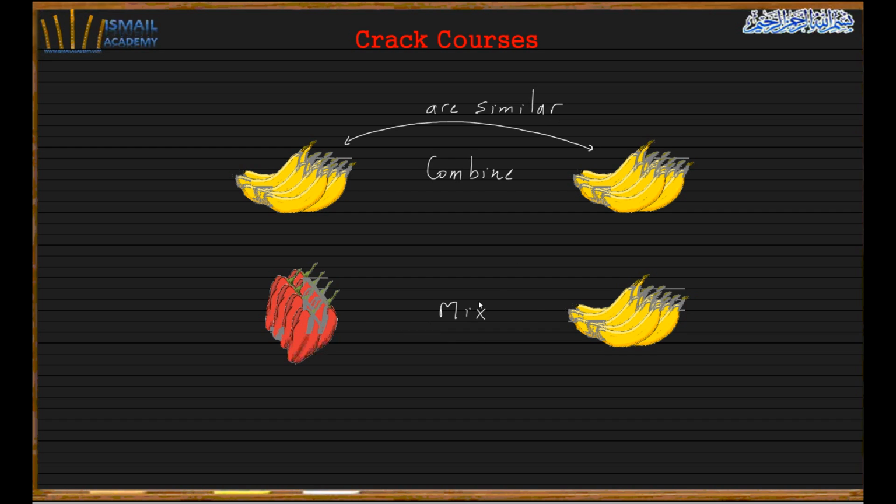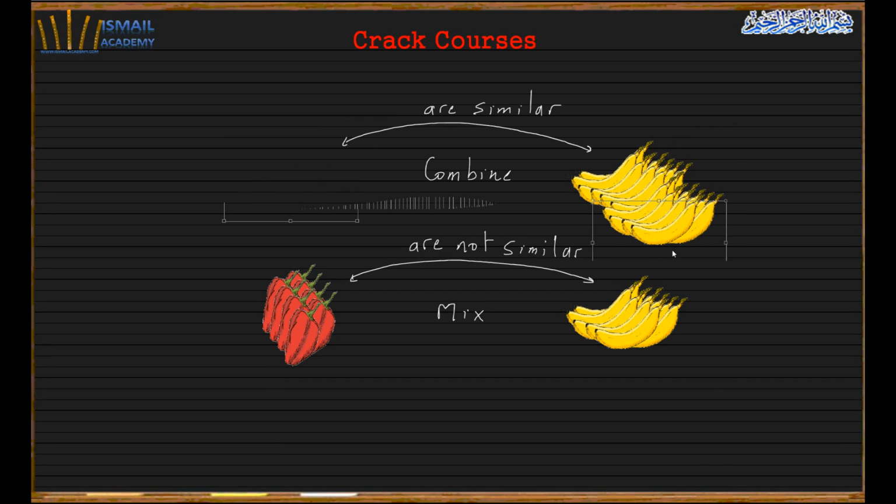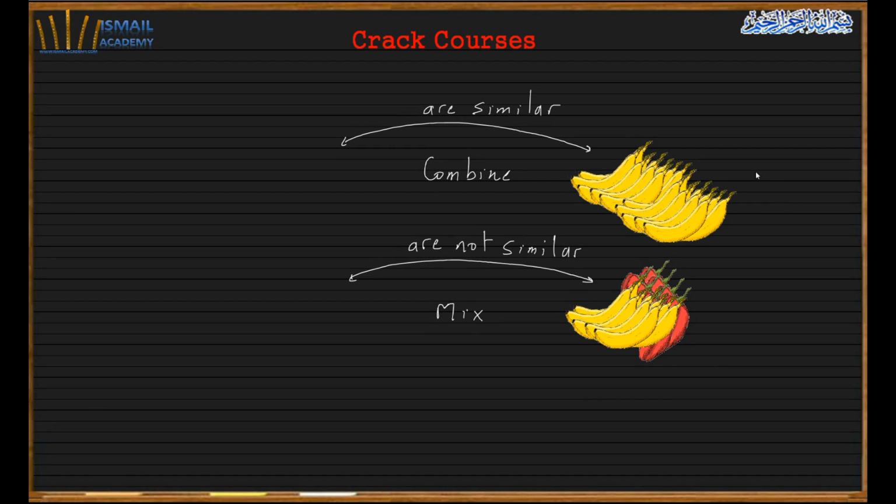And we choose mix here because the two items are not similar. Now if I take the action, in the combine process we get a new quantity similar to its original components.